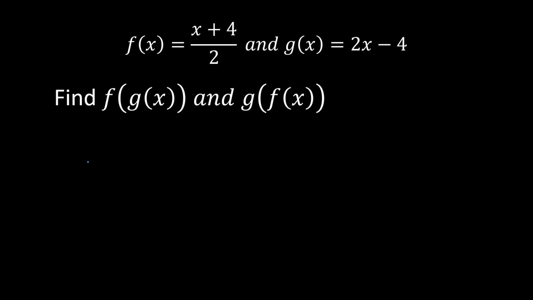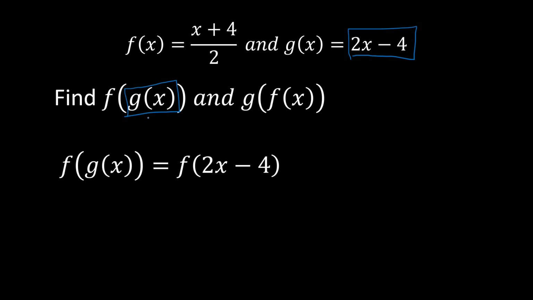Okay, so we start with f of g of x. Remember, we start by plugging in the g of x equivalent, so 2x minus 4, in place of this g of x. So instead of f of g of x, what we have is f of 2x minus 4. And what that means is that, looking at the f function, we're going to plug in 2x minus 4 in place of x right up here in the f function.